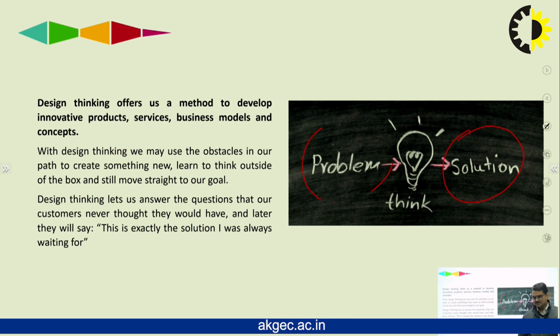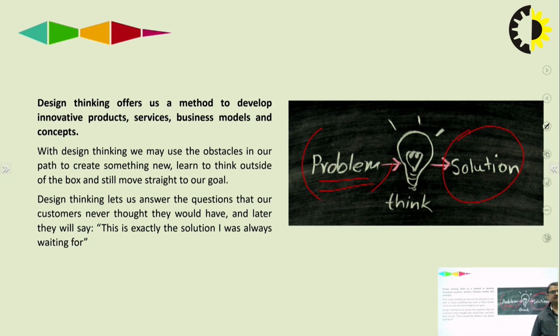In this process, we need to identify the problem, and there are certain well-defined approaches by which we can define the problem and understand it in a better way. Then our duty, our target or aim, is to come up with the solution.